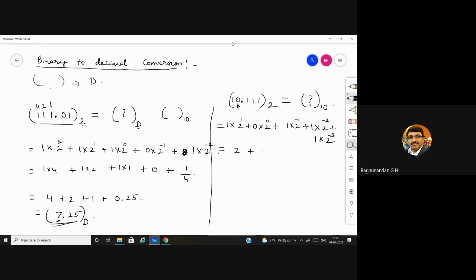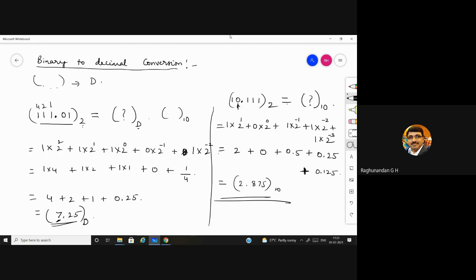For the numbers which are after the decimal point, we will be giving the powers as negative powers. 2 plus 0. So 1 by 2, it's 0.5. So it is 0.25. What is 1 by 8? 0.125. So if you add all these things, how much will you get? 2.875. 2.875 to the base 10.